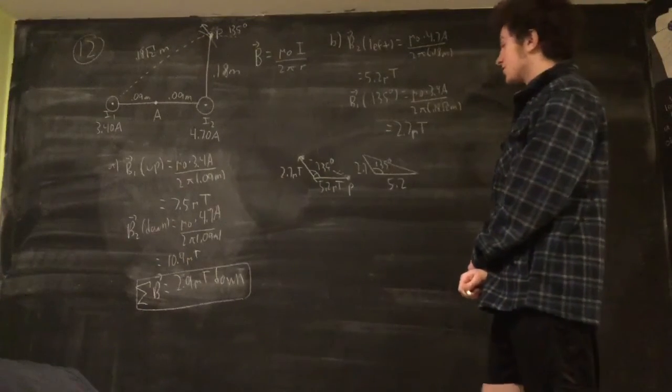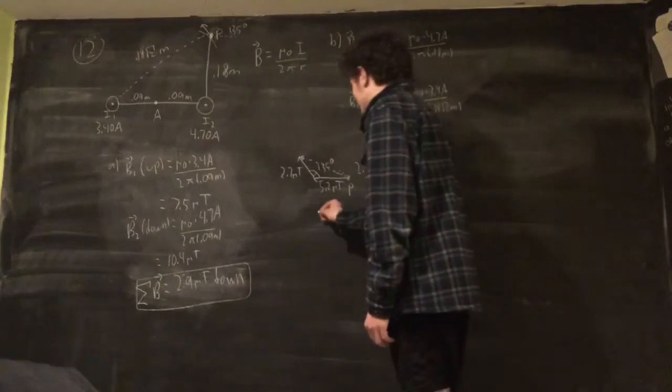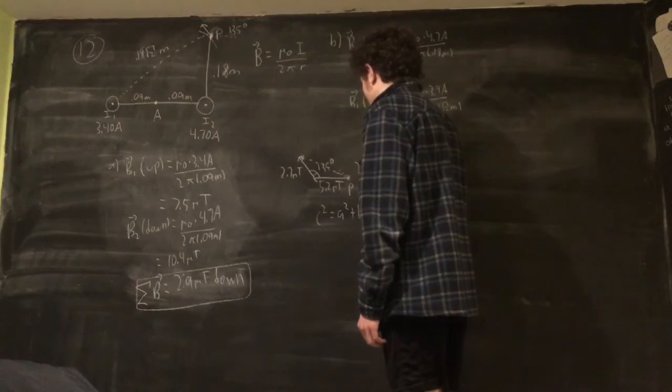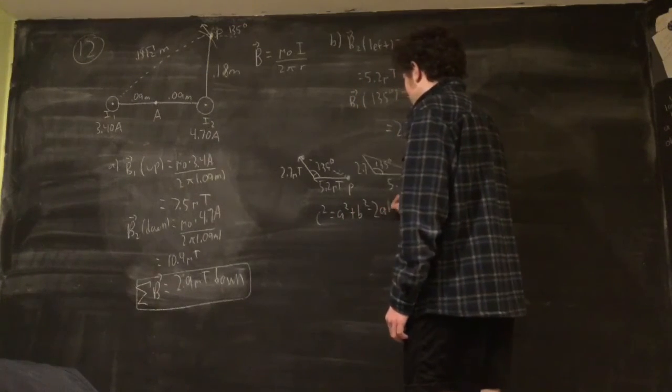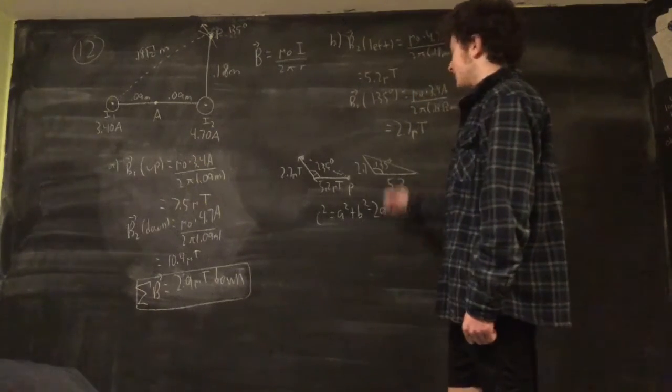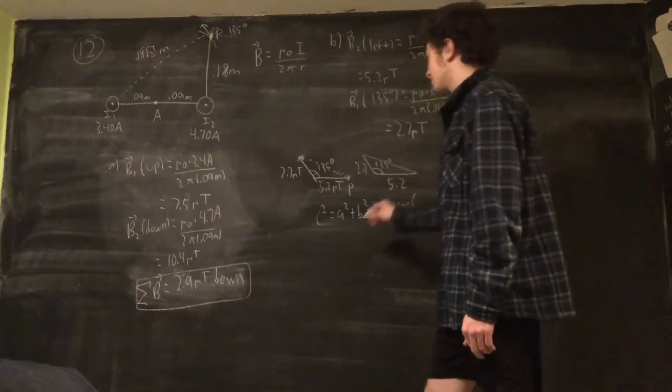We've got to use the law of cosines. The law of cosines states that c squared is equal to a squared plus b squared minus 2ab times the cosine of C. Here we'll have c be the opposite side of what we're solving for.